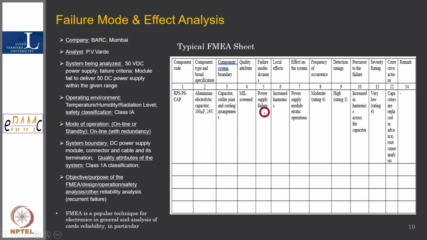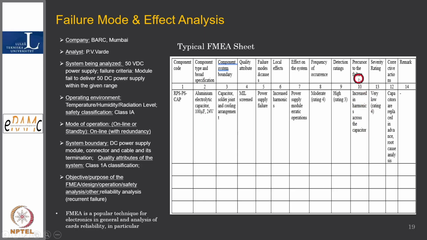Failure mode is fail to supply, power supply failure, okay, local. So this is how failure mode effect analysis is done, and then occurrence frequency is moderate. The definition of moderate, the rating will be given in a separate matrix. Detection rating is high, that means it gets detected. Precursor to this is increase in harmonics and ripple across it.